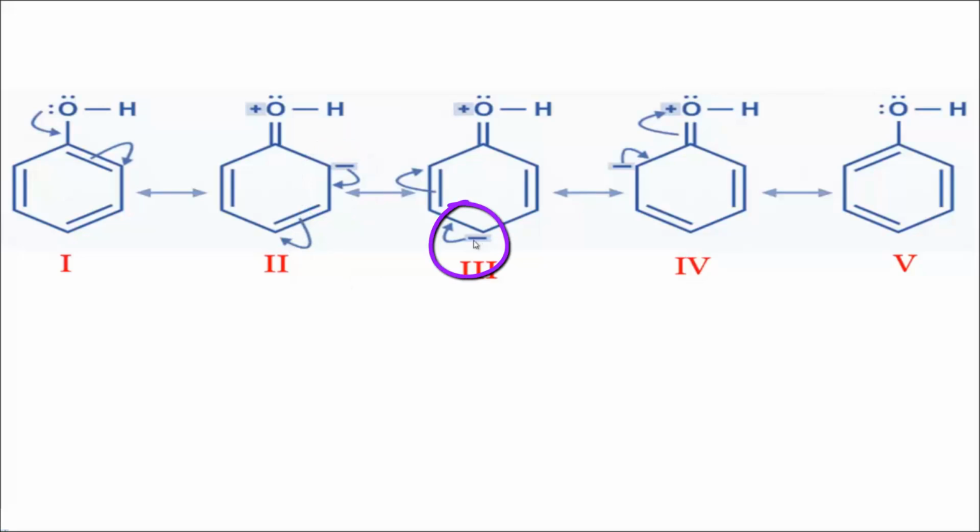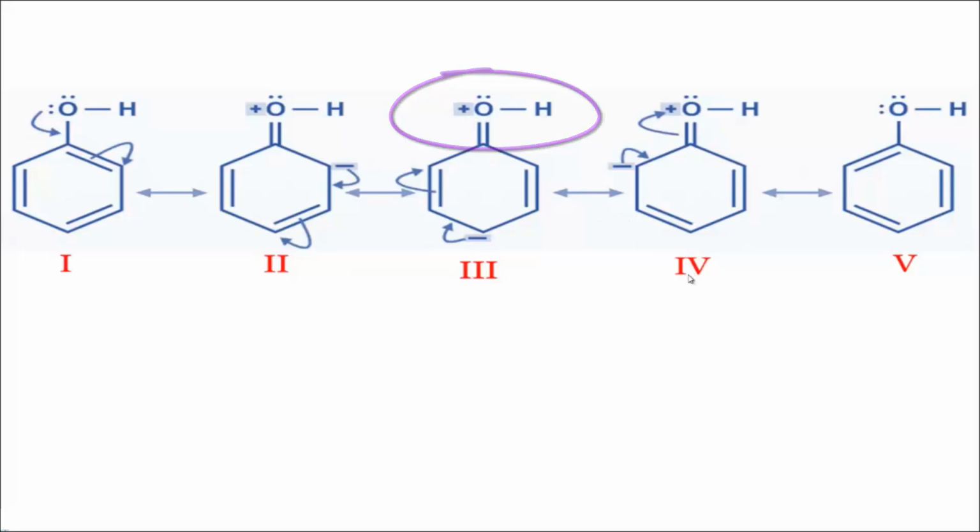Again, next what happens? This electron cloud will try to take an entry inside. Due to repulsive force, this electron cloud moves outside. There is no change with respect to this carbon, which is bonded to the oxygen of the hydroxyl group of phenol by double covalent bond, and this oxygen atom is experiencing decreased electron density, which is indicated by the positive sign. There is no change with this.